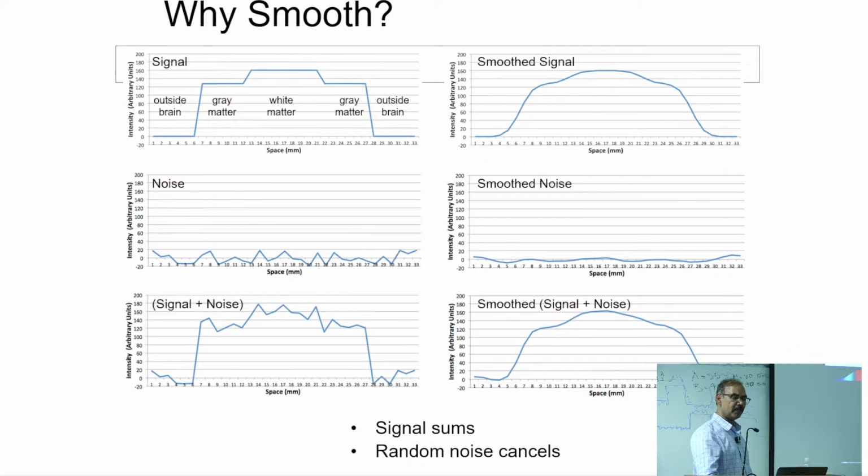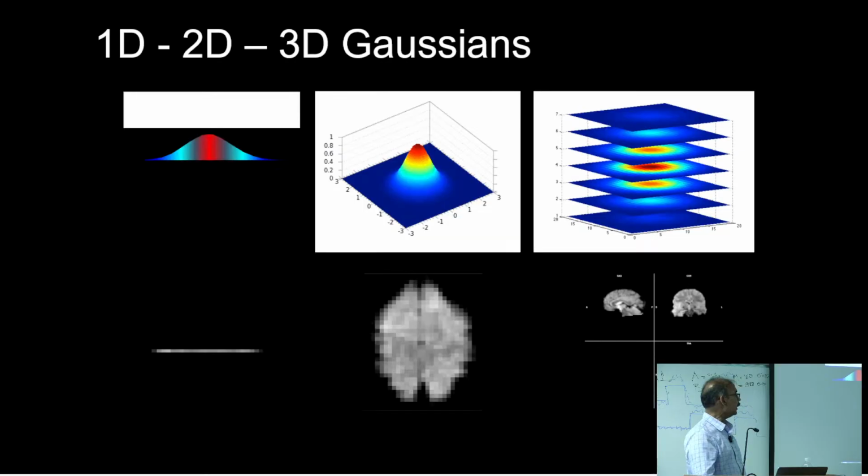Now you can think about it in two dimension, right? So this one was for one dimensional. This one is in two dimension, right? Where you have a Gaussian curve in two dimension.